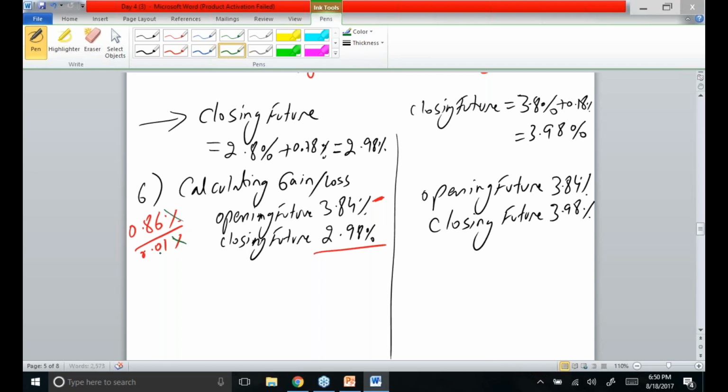Percentage will be cancelled out and it will be 86 ticks into 25 tick value into 37 number of contracts. 86 into 25 into 37, and your loss will be 79,550.